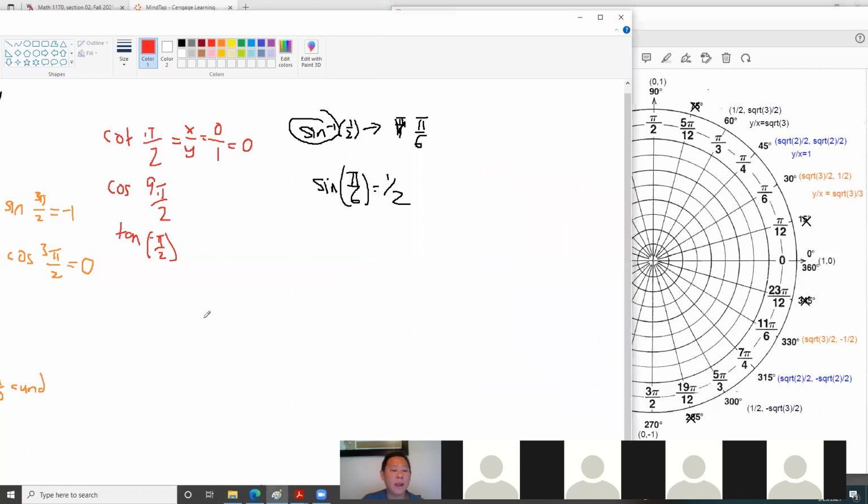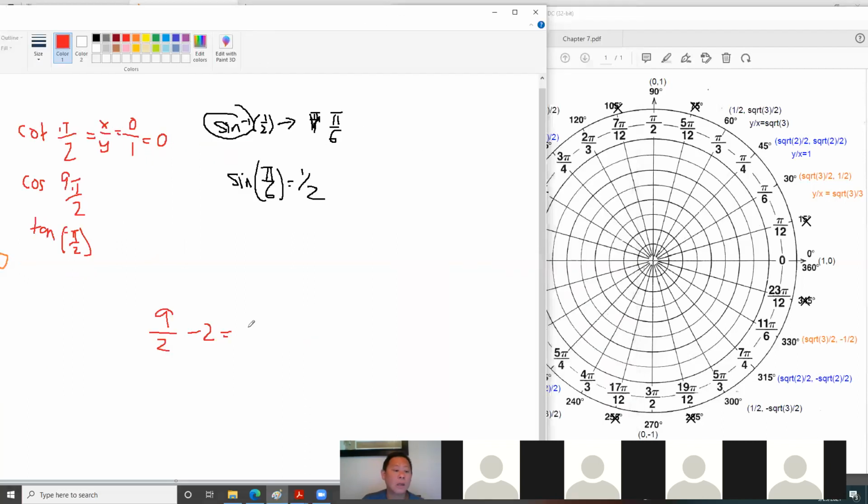What happens when you take 9 over 2 and subtract 2? That's the same thing as 5 over 2, and 5 over 2 is still more than 1 revolution. So you have to go for another one. So this is actually 1 over 2. So 9 pi over 2 is the same thing as pi over 2.